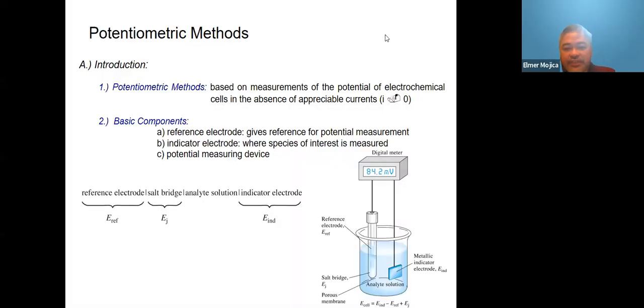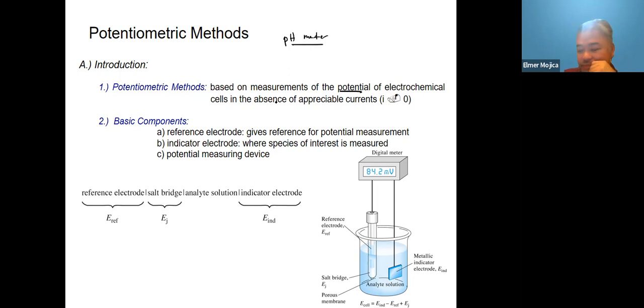So the first one that we have, okay, is yung tinatawag nating potentiometry. Okay? So when we're talking about these potentiometric methods, it's based on the measurement of this what we call potential. So ang pinaka-classic example of potentiometric method ay yung siguro familiar yung lahat sa pH meter.